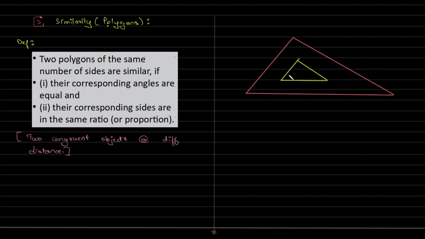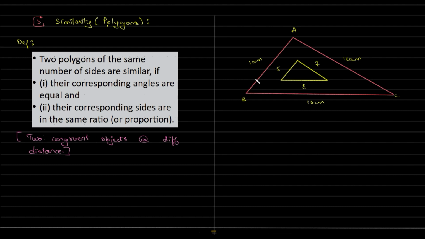Right, these two structures are said to be similar. Why? Because they look the same. If you zoom in and out, they look the same. Just that the size is different. So if I take ABC to be of size 10 centimeter, and say this is around 16 centimeter and this is around 14 centimeter, then if this is 5, this will be 7 and this will be 8.